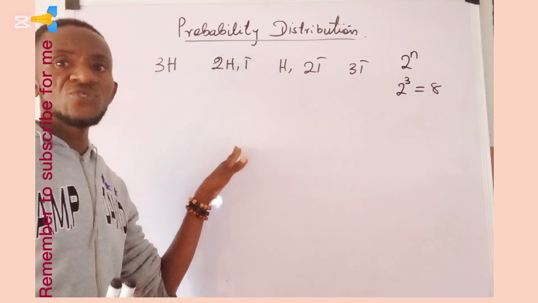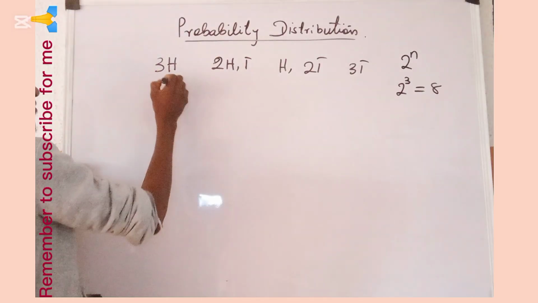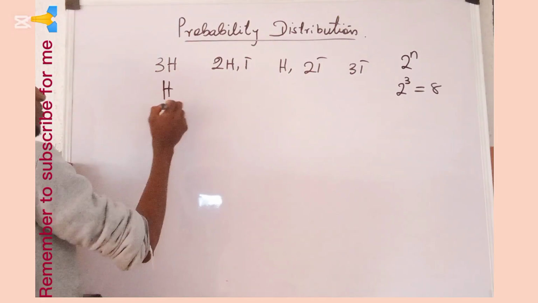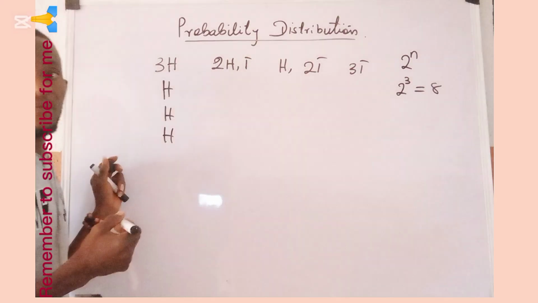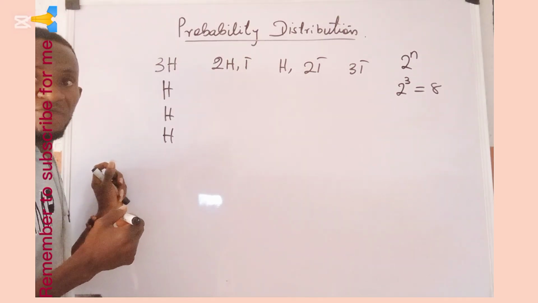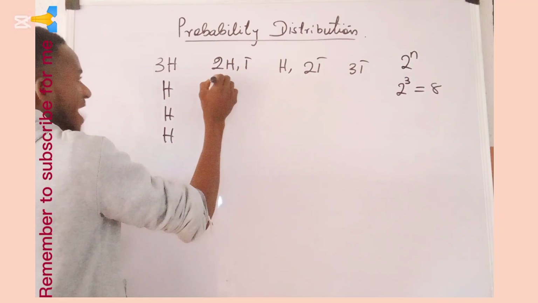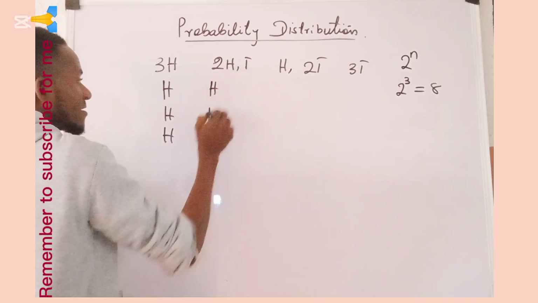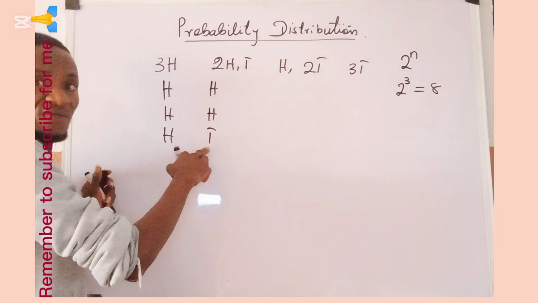So how are we going to show the distribution now? Where we have these 3 heads, of course, we are going to have head, head, and head. Then under these 2 heads and a tail, we can have it this way. We have head, head, and tail, where the tail came last.